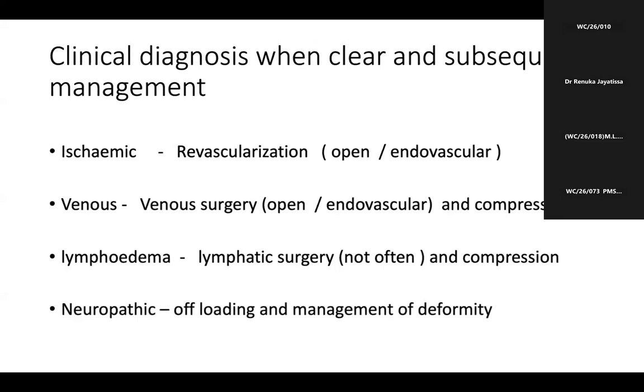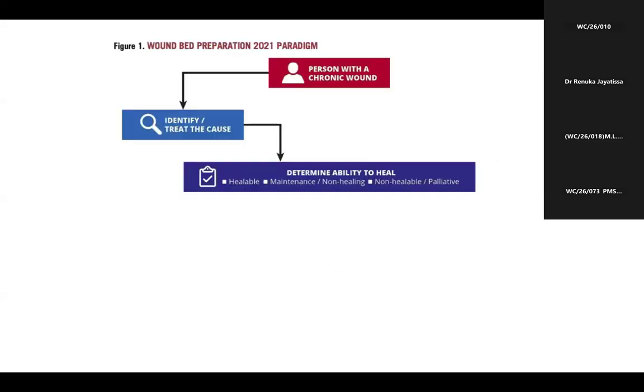So what we taught was initially, when you have a patient with a chronic wound, first of all, see and identify the primary causes. If you can't remember all of these things, think of three things: the vascular, the infection or the injury, and the pressure. I'm still not at wound preparation.